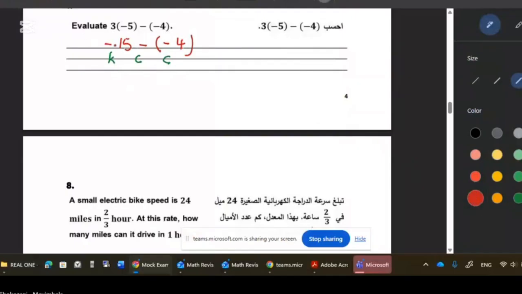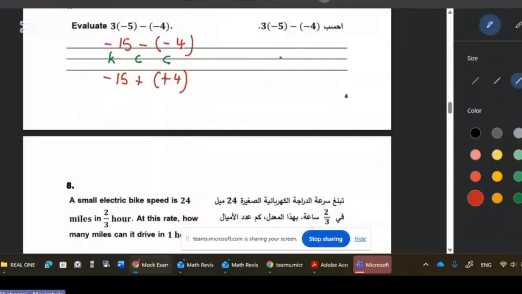Now, here we have minus 15, and it says change this one, and I'm going to change this as well to 4. Now, the signs are not the same again. I have minus 15 and plus 4. So remember what we said, when the signs are not the same, we subtract and we check the sign of the bigger number.